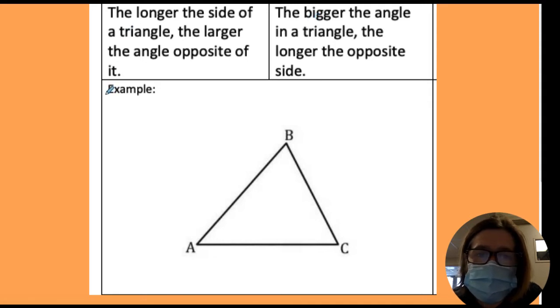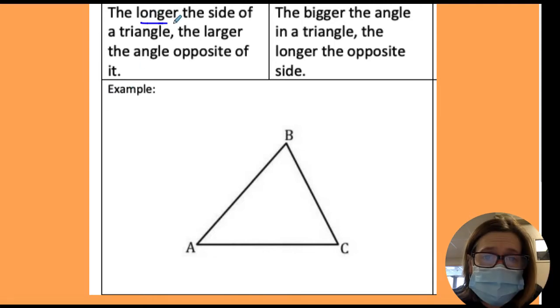All right, so we were talking about triangles and their sides, and what I didn't get to explain to you with the triangles we created is that the longer side of the triangle has to be opposite the larger angle.